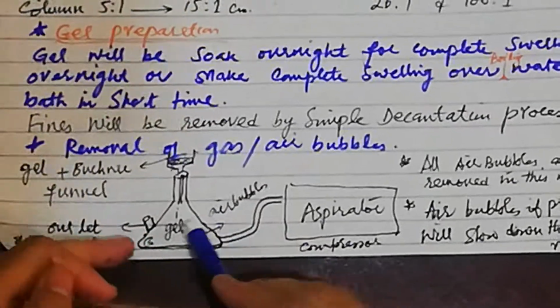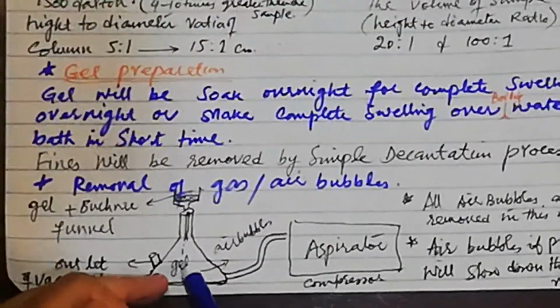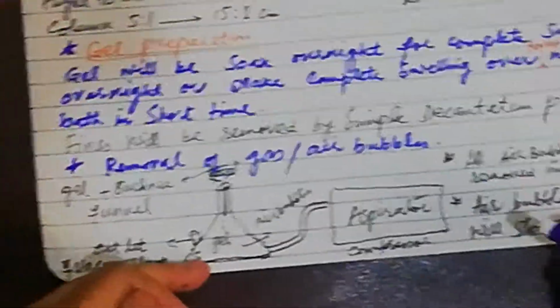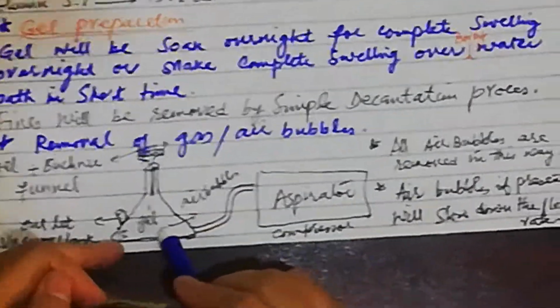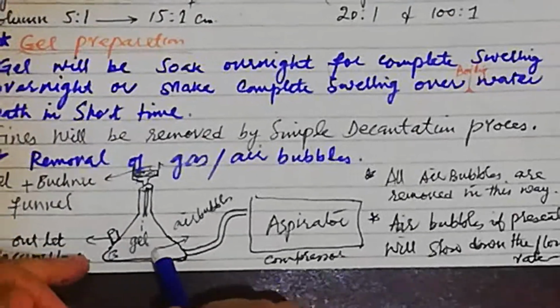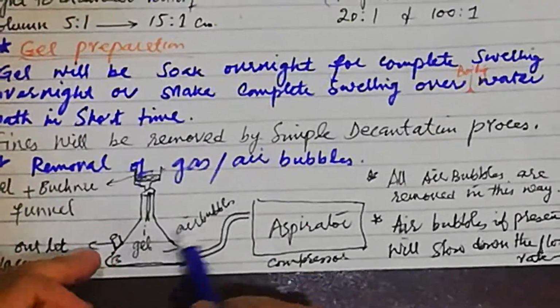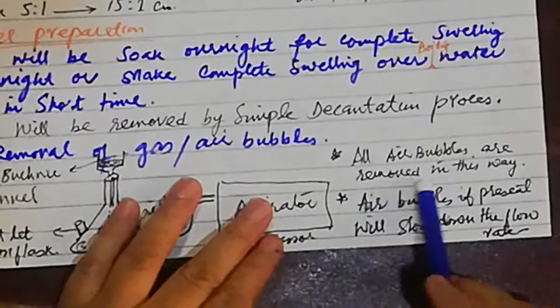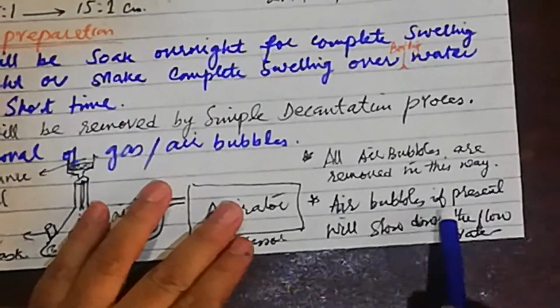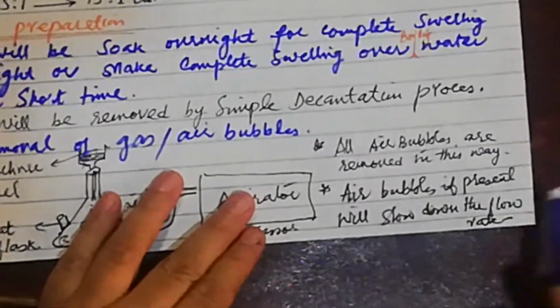All the air bubbles or gas present in the gel will be sucked out by the aspirator, so your gel will be free of gas bubbles. All air bubbles are removed in this way. Air bubbles, if present, will slow down the flow rate.